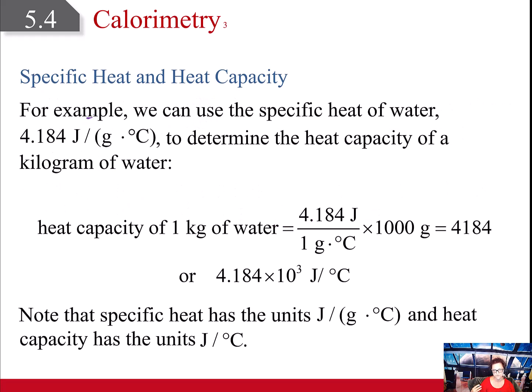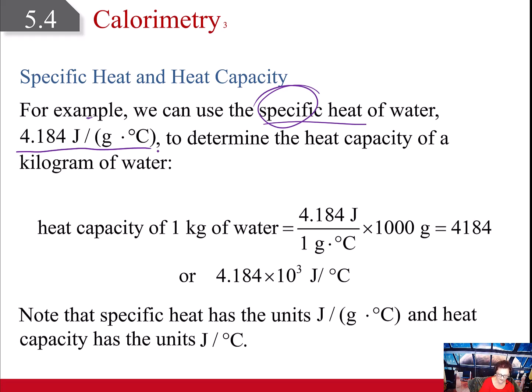So we can use the specific heat of water, and specific means that is specific to water. Only water has this specific heat. It is 4.184 joules per gram times degree C. And so we can use the specific heat of water to determine the heat capacity of water.